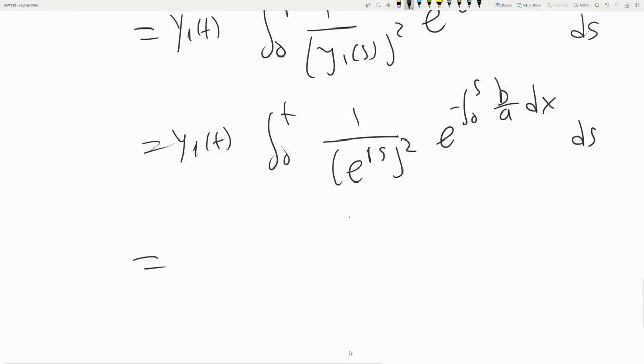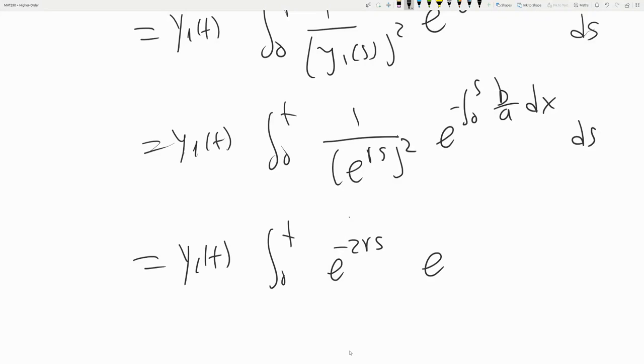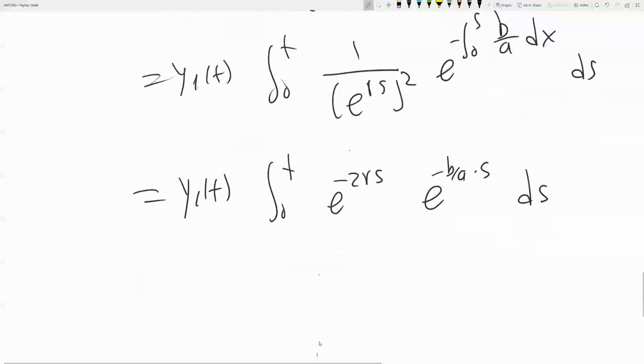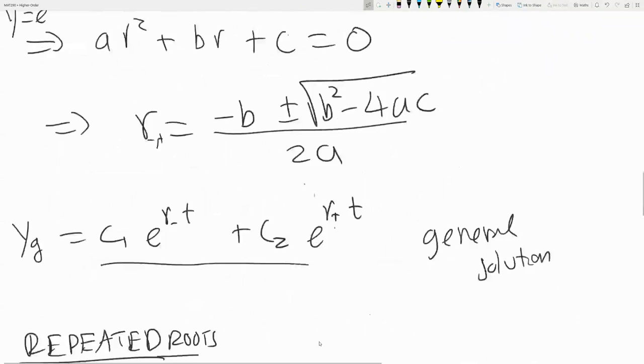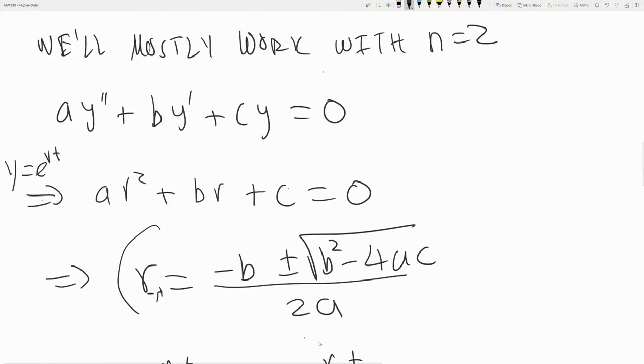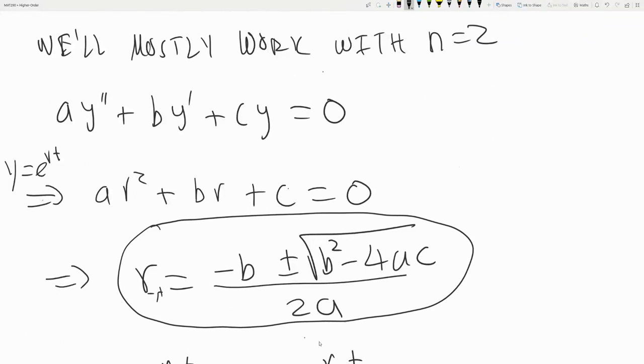Okay, so let's say what do we have? y_1(t) squared gives e to the minus 2rs, and then this guy is e to the minus b over a times s. Okay, now recall the formula. So this is the formula. Okay.